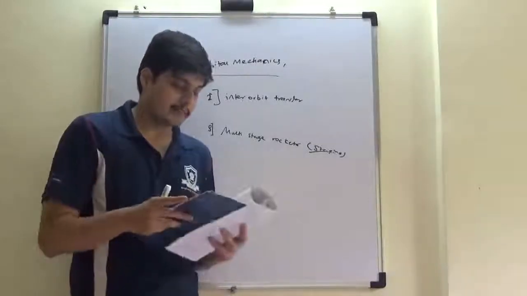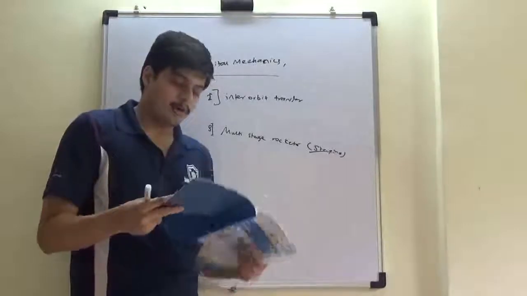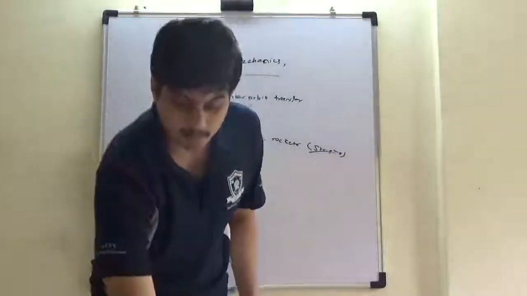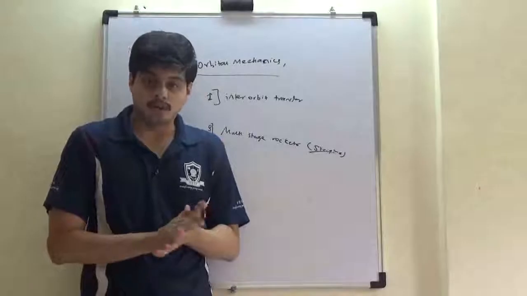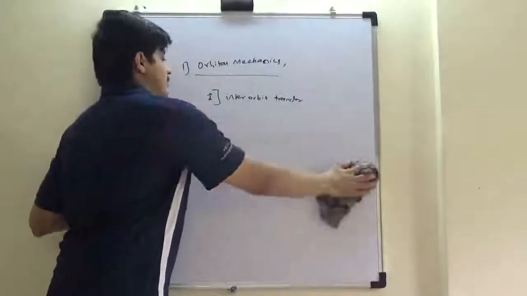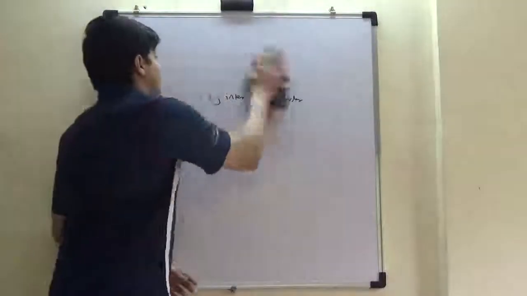We are now at a point where we have to look at detailed thinking about satellite and orbital maneuvers, and to do so, we first focus on these two points, that is orbital mechanics and inter-orbit transfers.